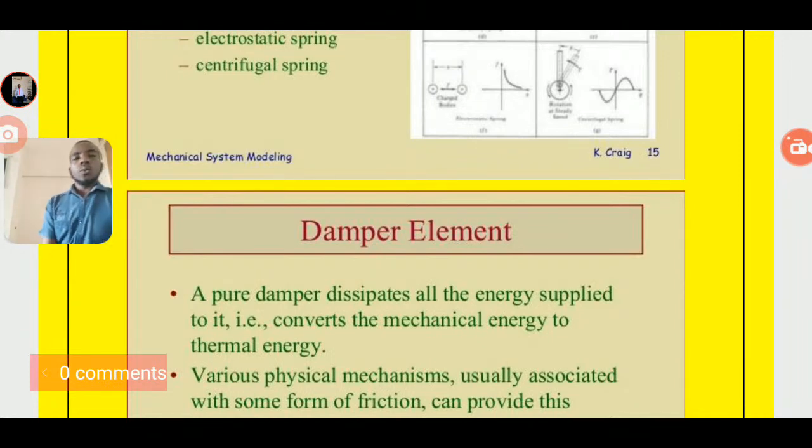The spring element stores energy as potential energy, which is the energy due to position, not motion. The mass element stores energy as kinetic energy, that means due to motion.